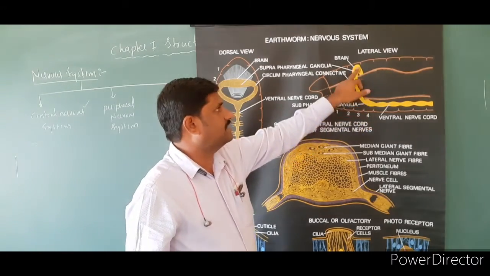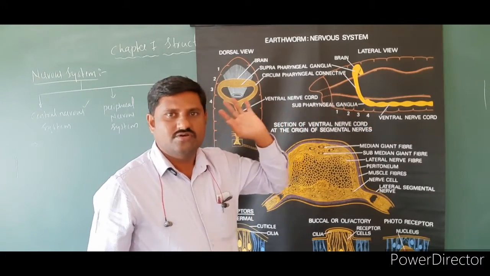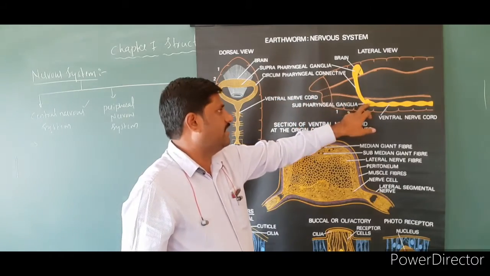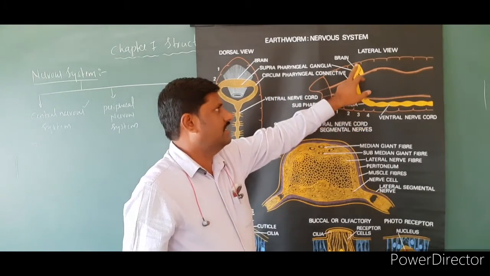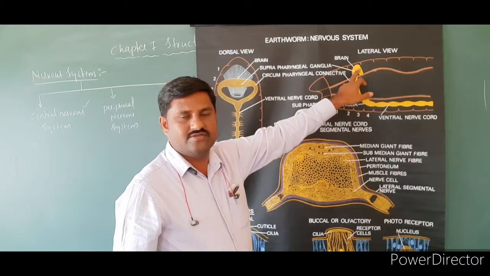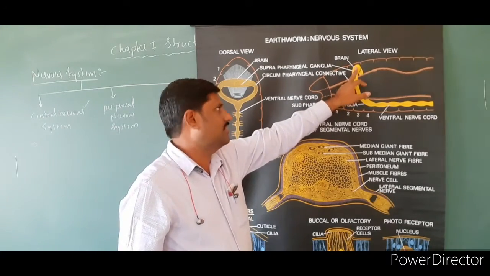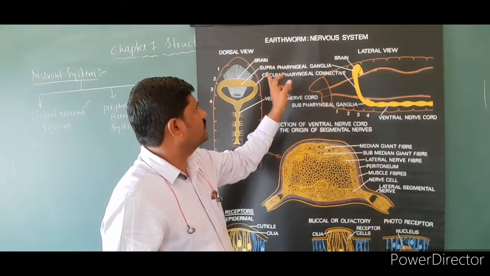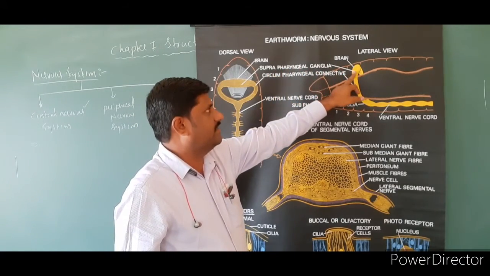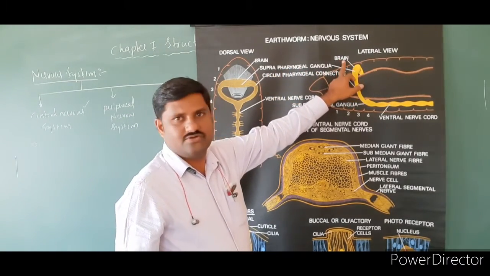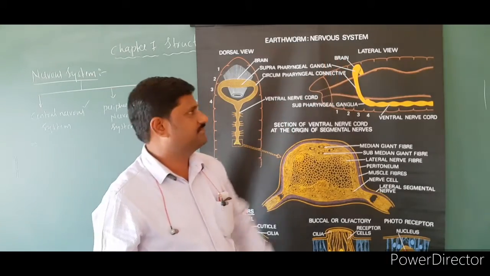So like this, there are some nerve structures. They are said to be ganglions, and these ganglions have a set of nerves. And this bilobed structure is called the suprapharyngeal ganglion, or it is also known as the brain itself, right?